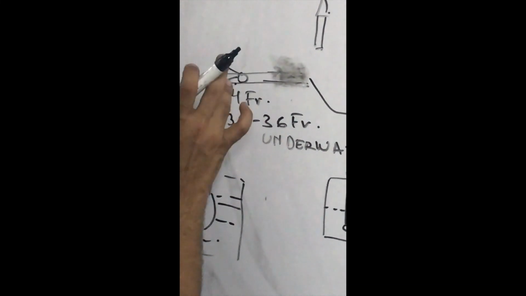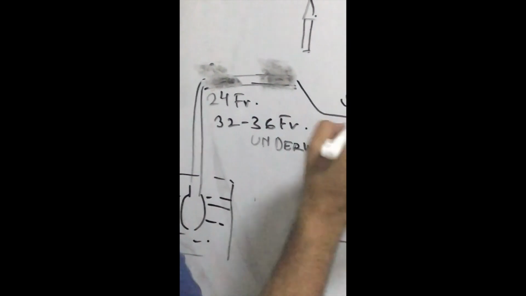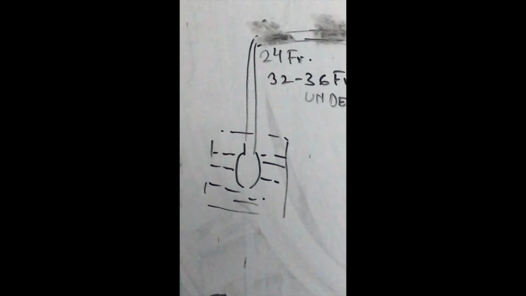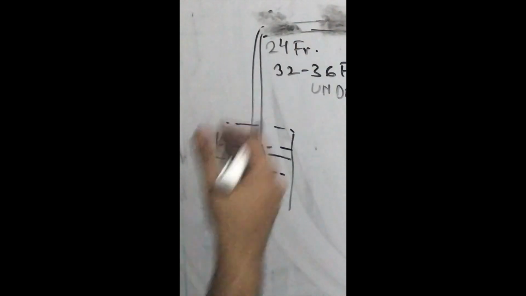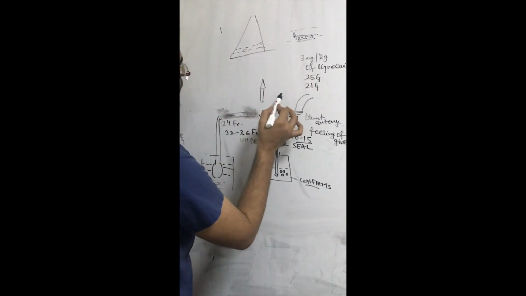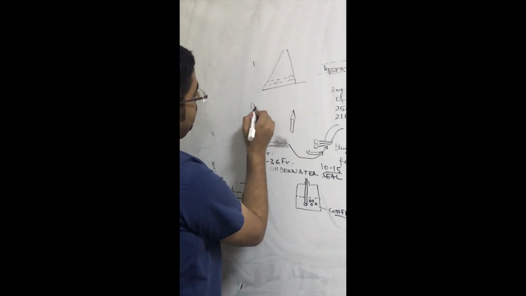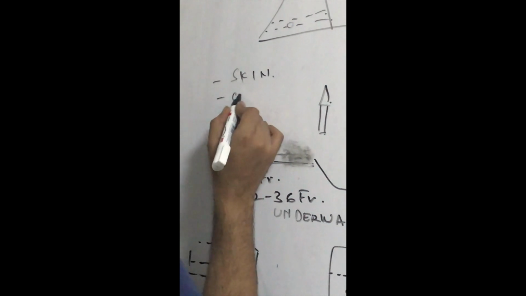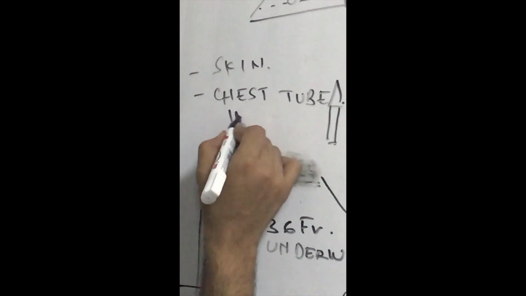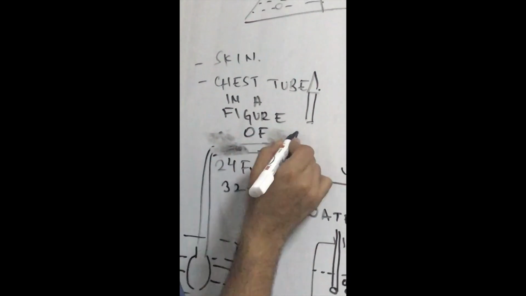Finally, we open this clamp and we will see an air column moving in the underwater seal, which confirms that we are in the pleural space. This is followed by securing the chest tube. So we secure the chest tube on the chest wall by suturing first to the skin and then to the chest tube, in a figure of 8 fashion.